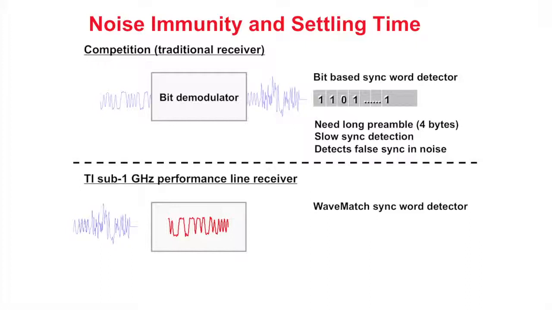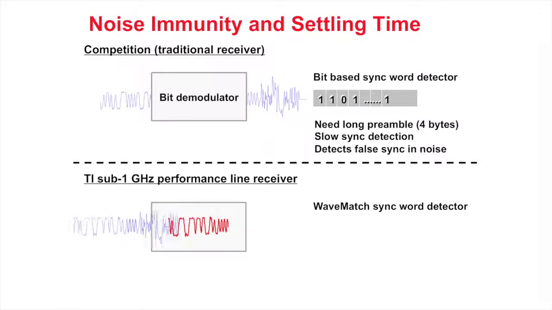If you trigger on a false sync word, you will spend unnecessary time in receive processing a false packet. The receive current consumption will increase, and you might lose the real packet being transmitted. The CC112X and the CC120X implement sync search using the novel wave match capture logic.